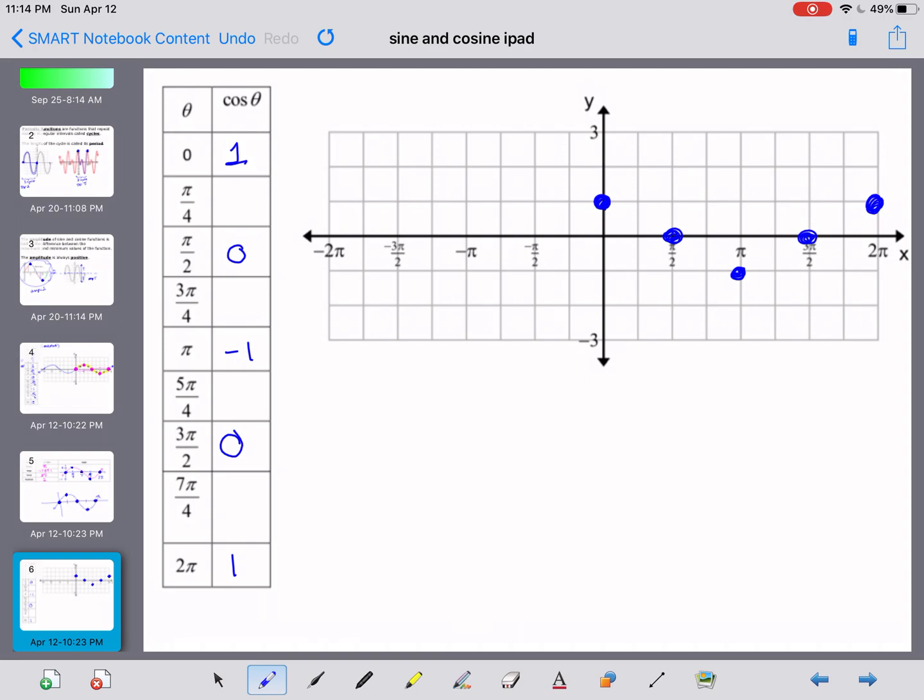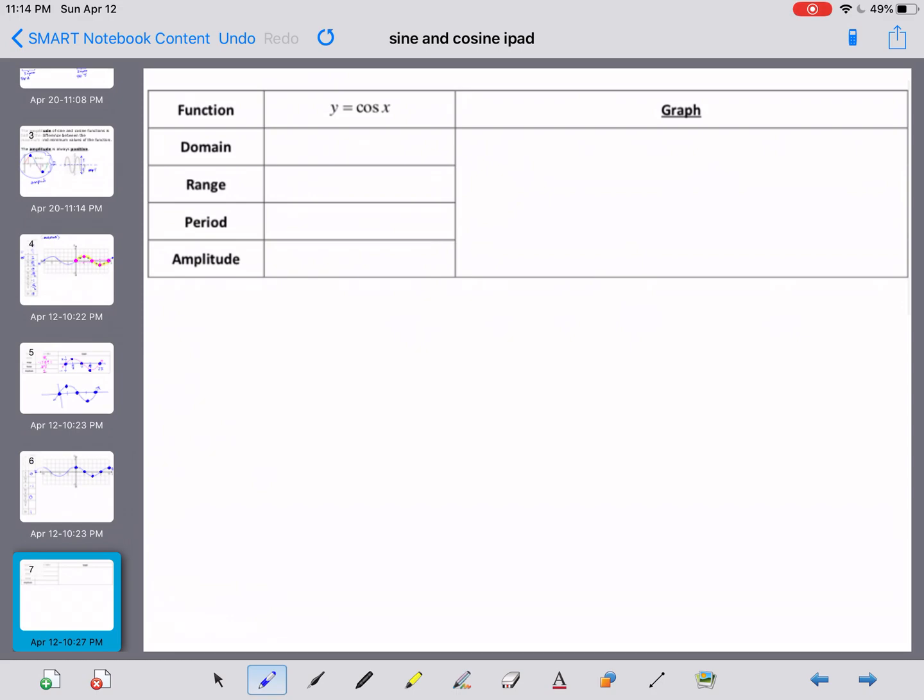And then this would repeat and repeat, copy, paste, copy, paste. So it would look something like this, and those 5 dots are your main 5 critical points. So again, the parent function for cosine starts up at 1.